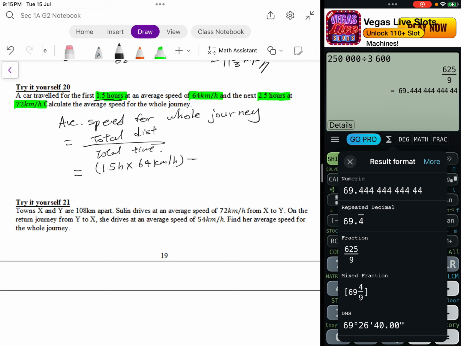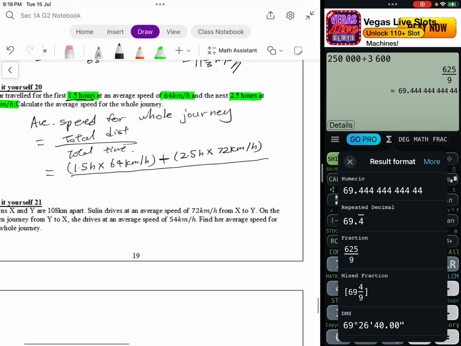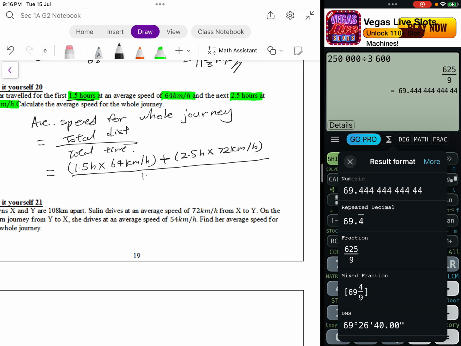Okay, and that's for the first part. And then the second part, I'm just going to combine the 2.5 hours times 72 kilometers per hour. Okay, so this should give me my total distance. Now my total time, which is 1.5 hours plus 2.5 hours. Okay, so I'm going to calculate now.